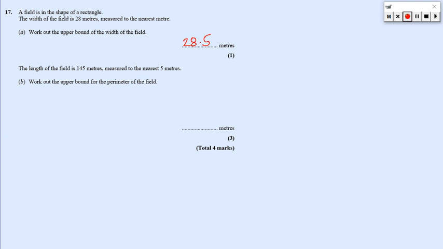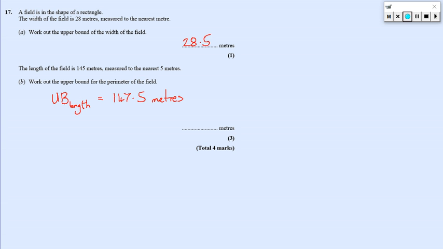It's a relatively straightforward calculation. We're just adding 2 widths and 2 lengths. So the upper bound of the length, if it's rounded to the nearest 5 metres, will be 147.5 metres.